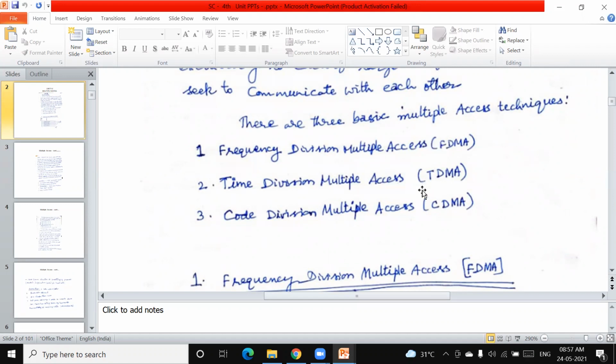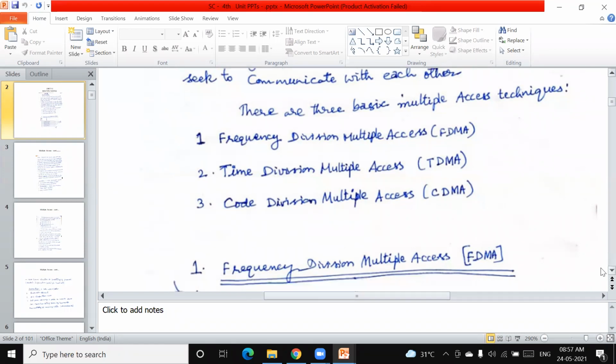In the coming classes, we will study in detail the frame structure and how each performs its primary function. Right now, we will see what frequency division multiple access means and its advantages. So let us see FDMA.